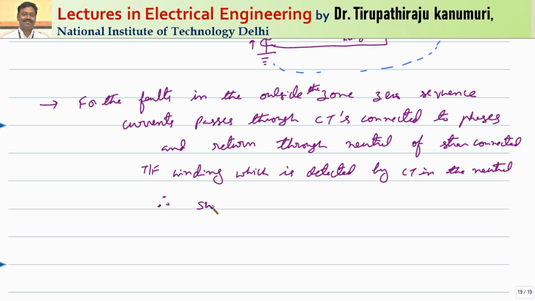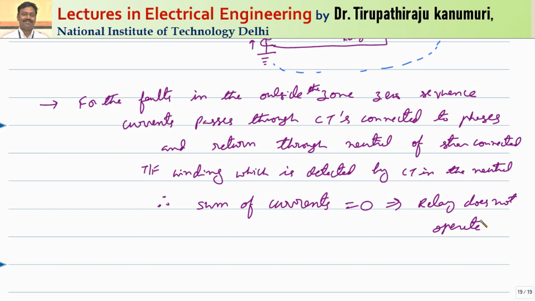Therefore, the sum of currents will be equal to 0. So automatically the relay does not operate for the external faults.